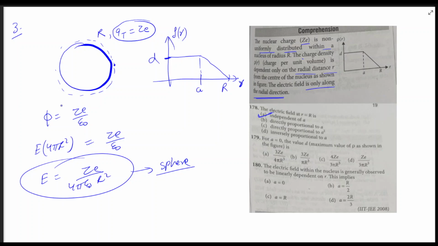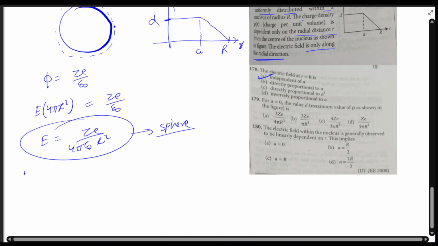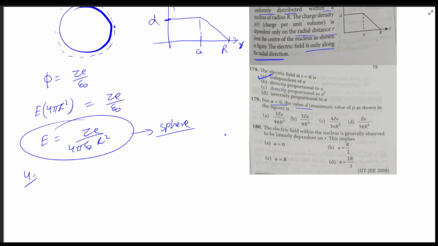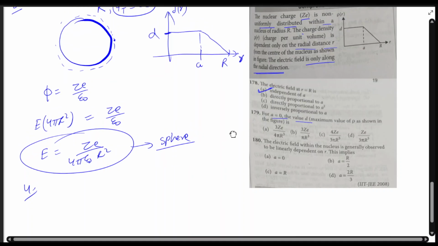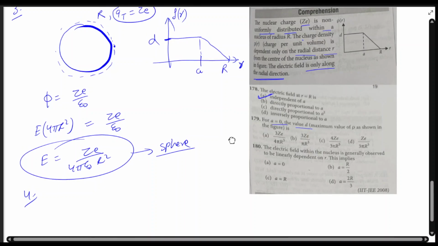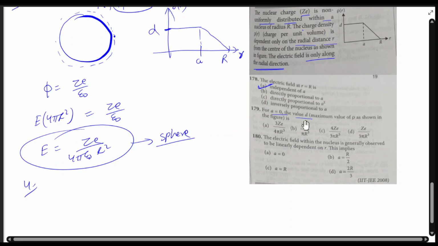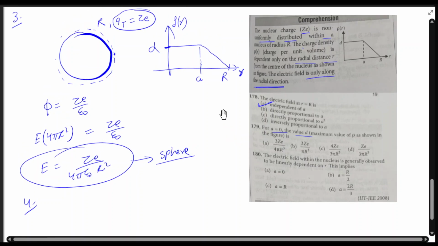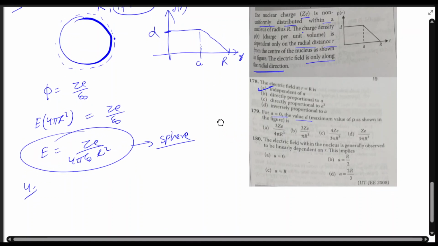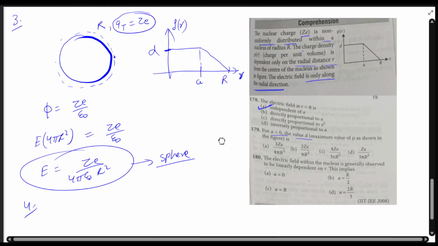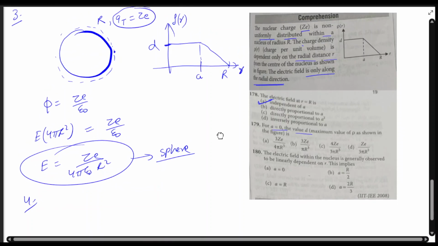Now, the fourth question of this: if A is 0, the value of D will be? Okay. So how will we find this if A is 0? We have to find the value of D, right? So we have to solve for the density itself. Let's solve it.